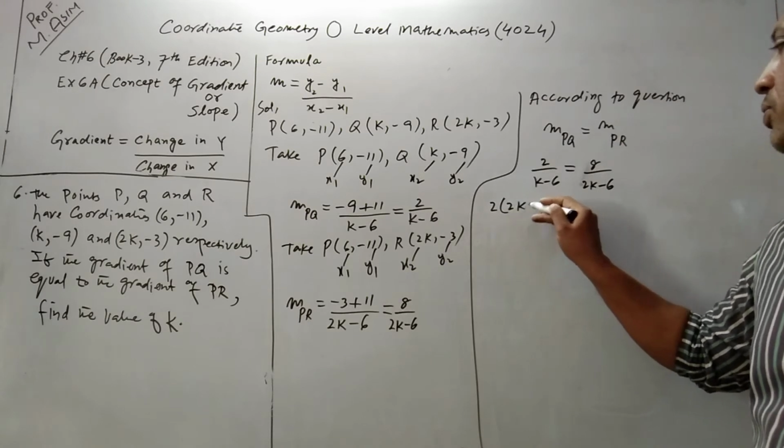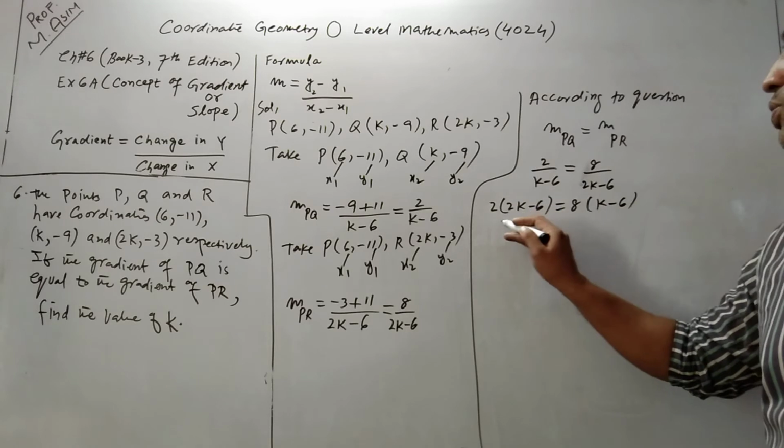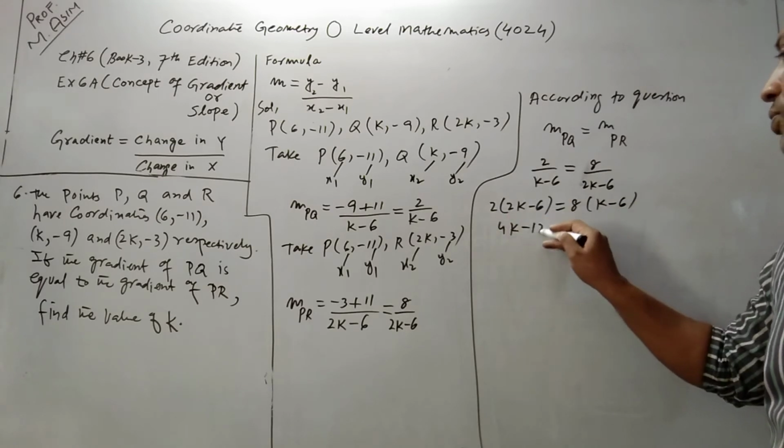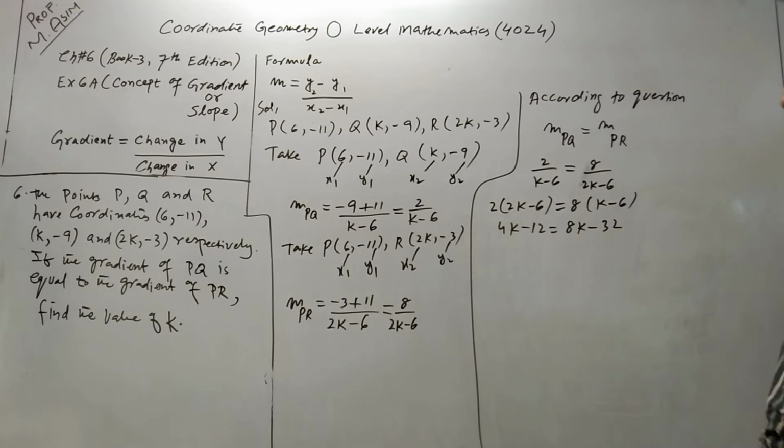2 multiplied by 2K minus 6, 8 multiplied by K minus 6. 2 twos are 4K, 2 sixes are 12. 8 into K, 8K, 8 sixes are 32.